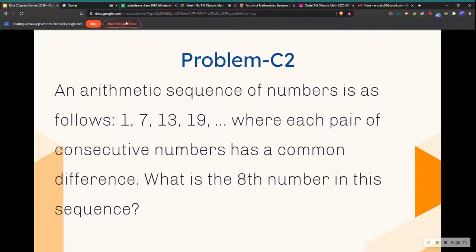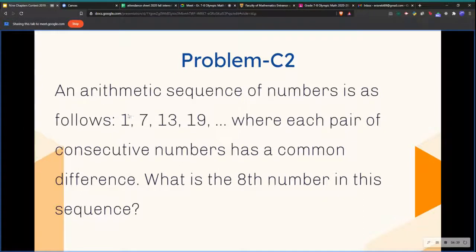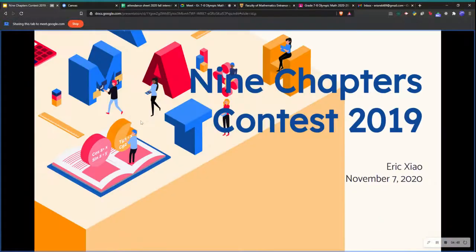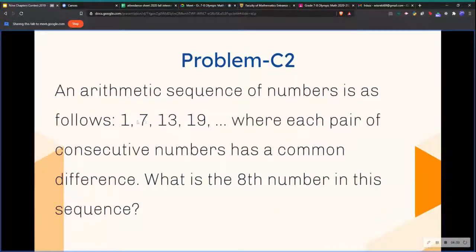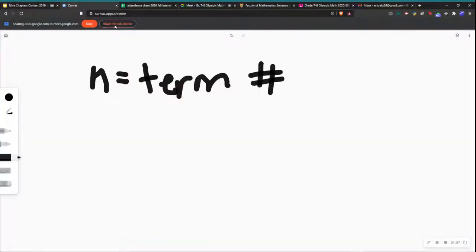So 1 would be the first term, 7 would be the second term, 13 would be the third term. So n equals 1 for 1, n equals 2 for 7, n equals 3 for 13, n equals 4 for 19, and so on. That's what I mean by n being the term number.